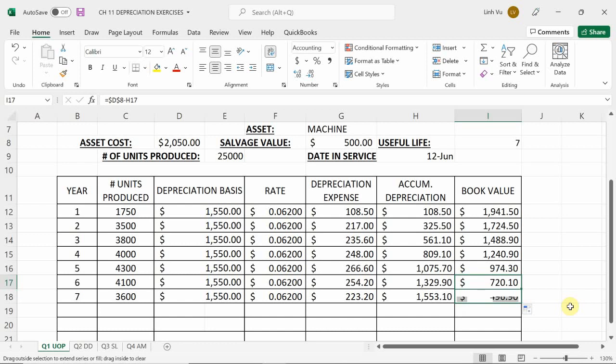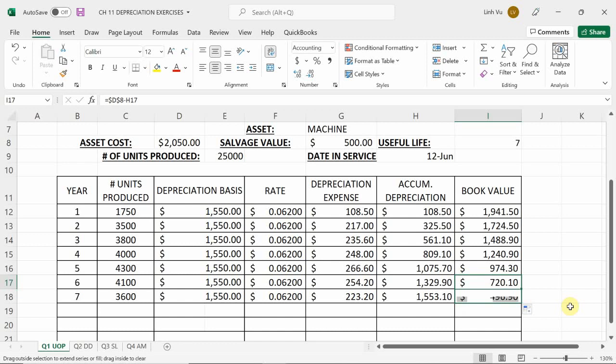No, because we have not a similar number. What is not the same? 496. Oh yeah, if we round it, it's going to be 500. You are correct.